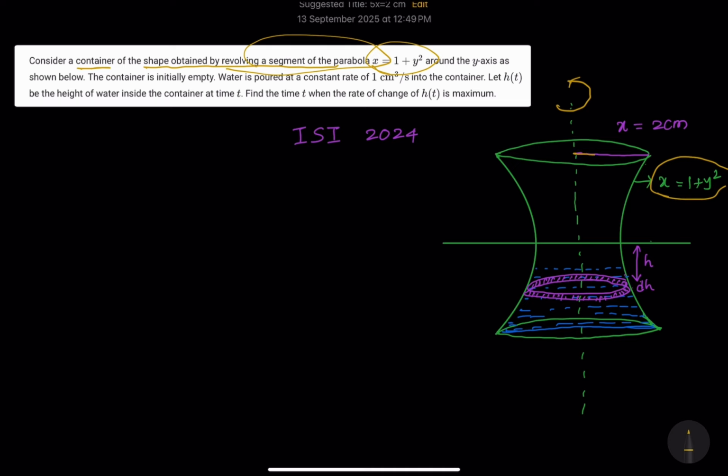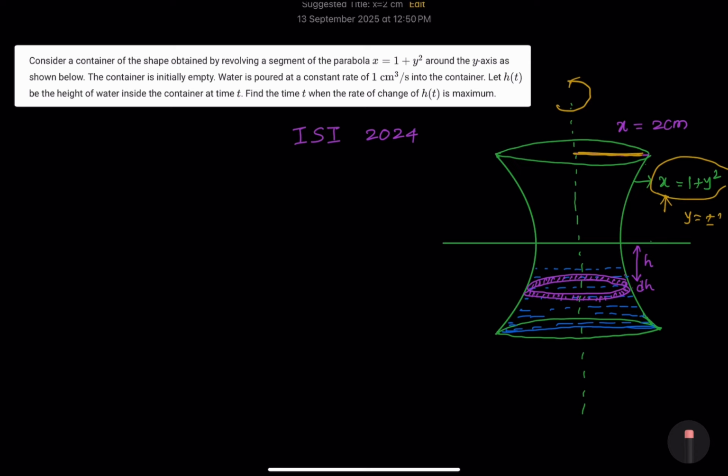So if you see, this is x equal to 2. When you put x equal to 2 here, you will get y equals plus or minus 1. So the height of your container is 2. The height goes from y equals -1 to y equals plus 1. So that is the segment of the parabola that you are revolving about the y-axis, and you are obtaining this particular shape for your container. Initially the container is empty.